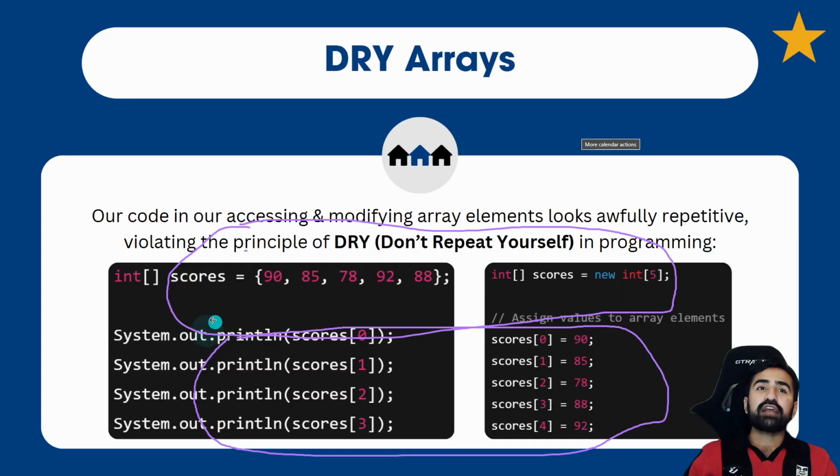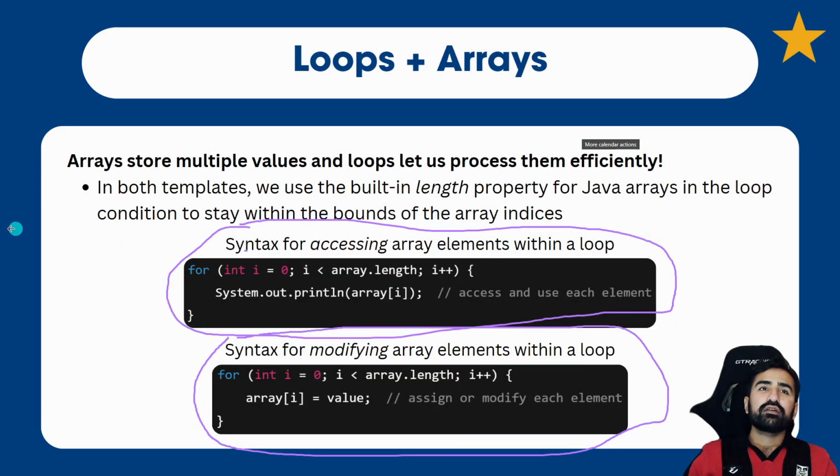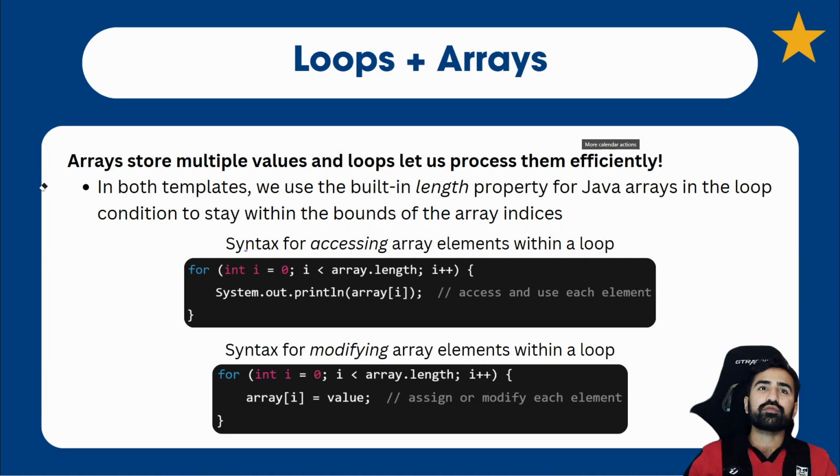So if you want to access elements in an array, it's as simple as using a for loop. And this is where the magic happens. We're using the counter variable as our index to access the elements. Same if we want to assign, right? Because remember, accessing and modifying array elements use kind of the same syntax.